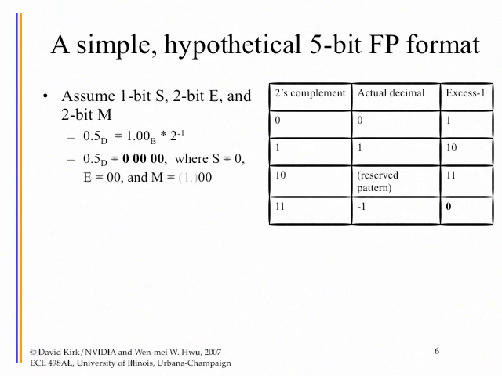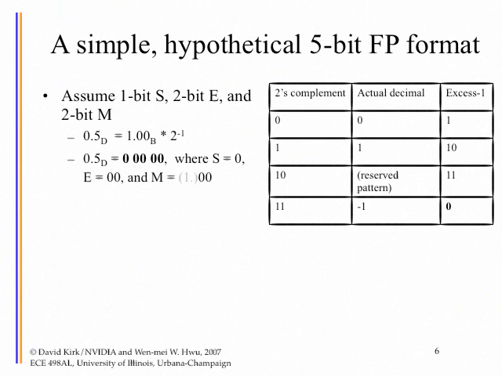So if you take 0.5 and represent it in our hypothetical format, it will be 1.00. Remember, I have 2 bits in the exponent, so those 2 zeros will be my exponent. And then 2 to the negative 1, which is the mantissa, and then I have 2 to the minus 1. The minus 1 will be the exponent. So I look at negative 1, I see the bit pattern 0, 0 here.